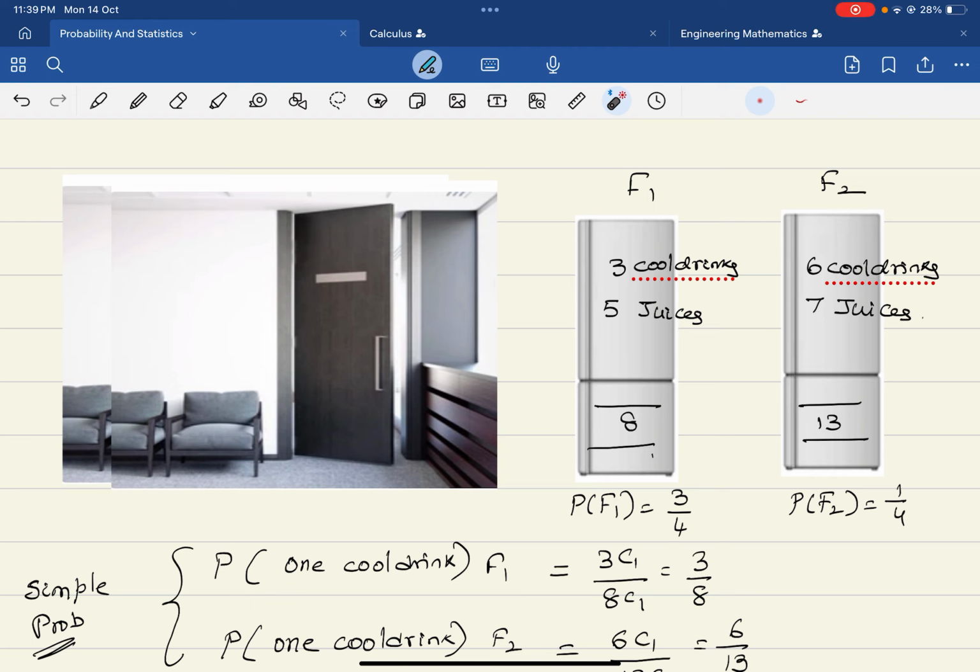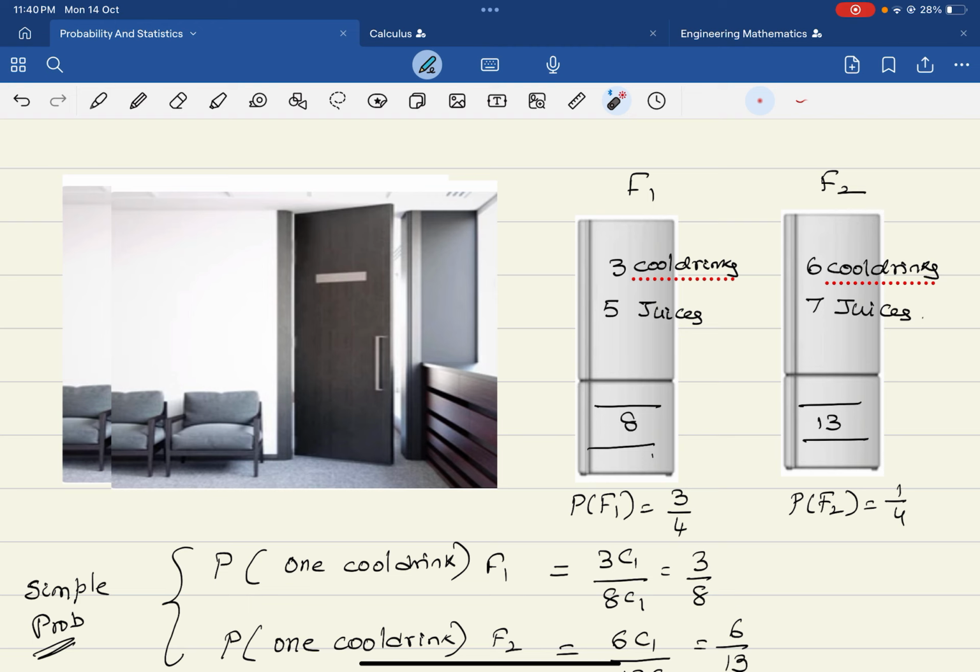Suppose randomly is not given, but they have given the probability, thinking that people are coming from the hot sun and as soon as they enter, the first one near the entrance is fridge 1. So the probability of opening fridge 1 is more, let us say 75%, and 25% to open fridge 2. Then F2 is 1 by 4.